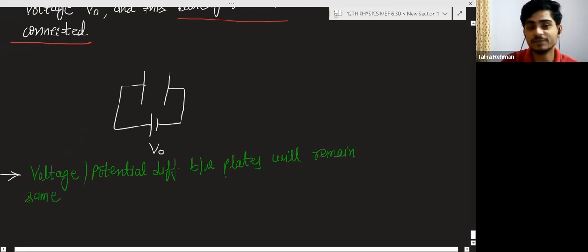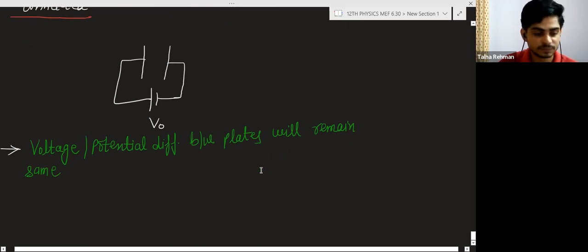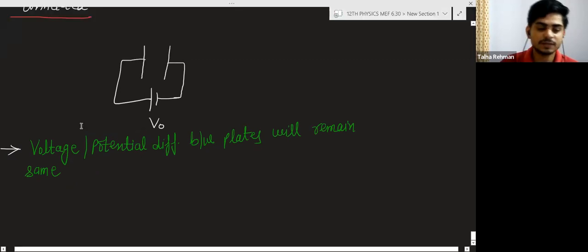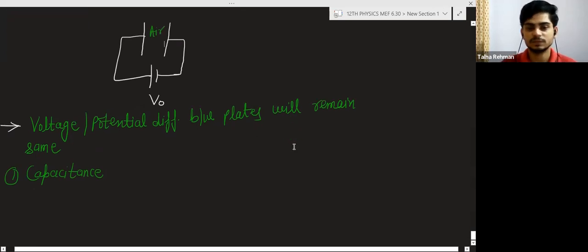This is only when the battery remains connected. So now I want to calculate the capacitance, and here is air in between the plates.